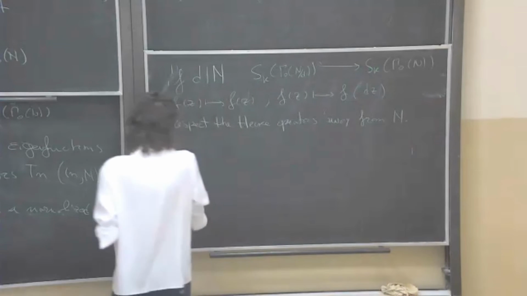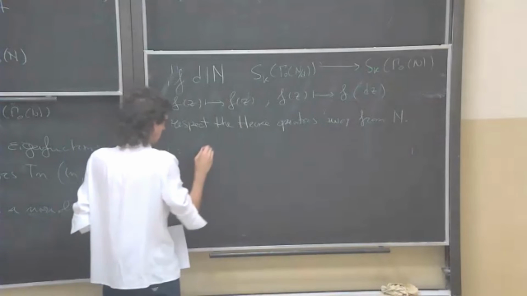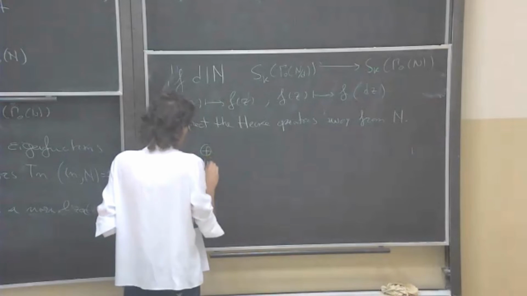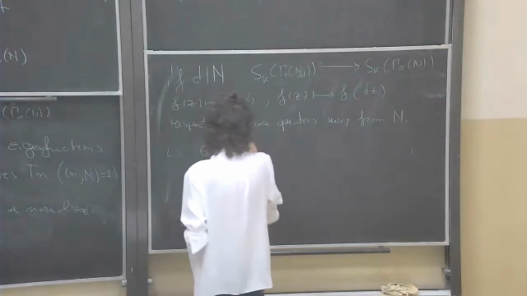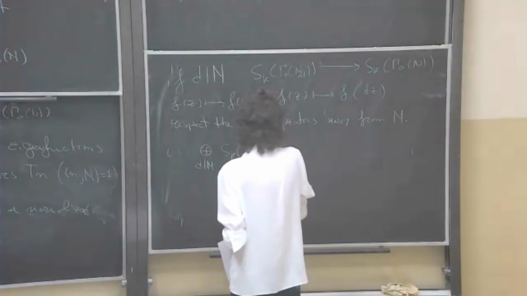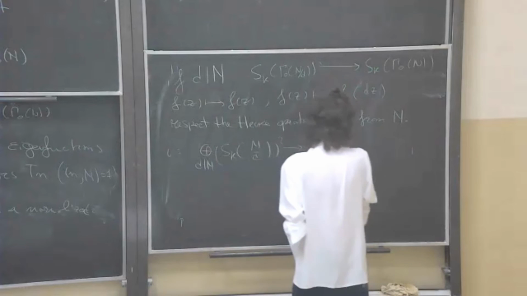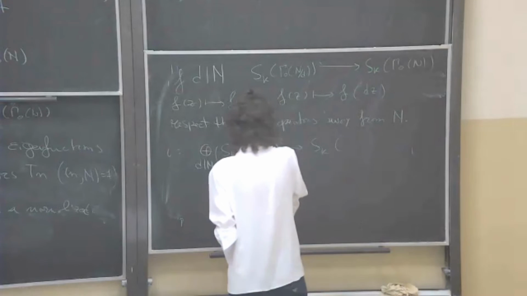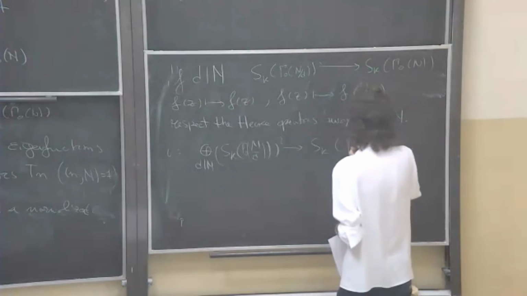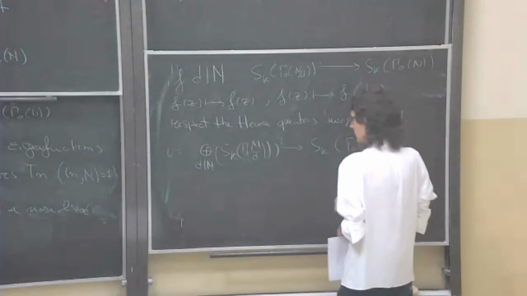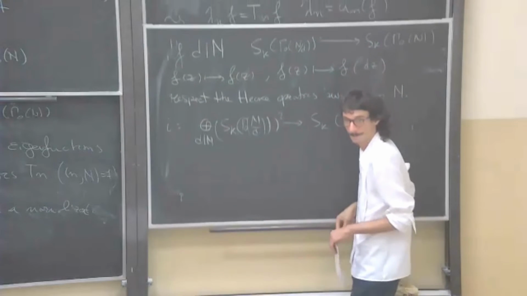So we can define a map I, from the sum over d dividing N of S_k(Γ_0(N/d)) squared into S_k(Γ_0(N)). So now we have this inclusion.